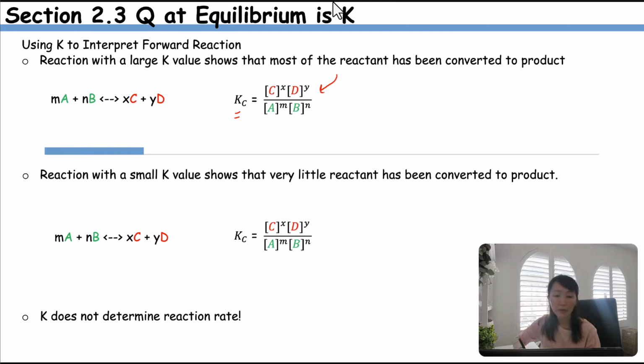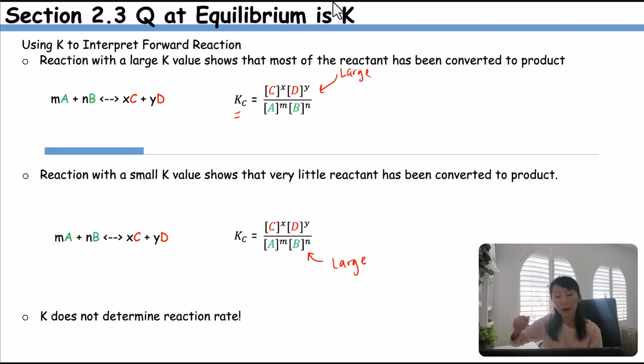But say you have a very small K value, a small equilibrium constant. What does that mean? That means very little reactant has converted into product. So not much product has been formed. Just because you have a lot of reactant does not necessarily mean you're going to get a lot of product in the end, because the equilibrium constant does not allow that.